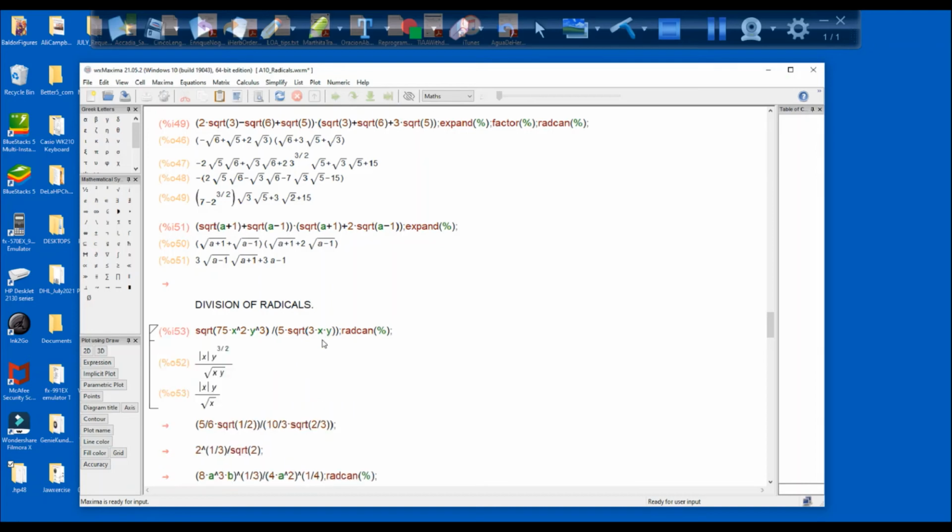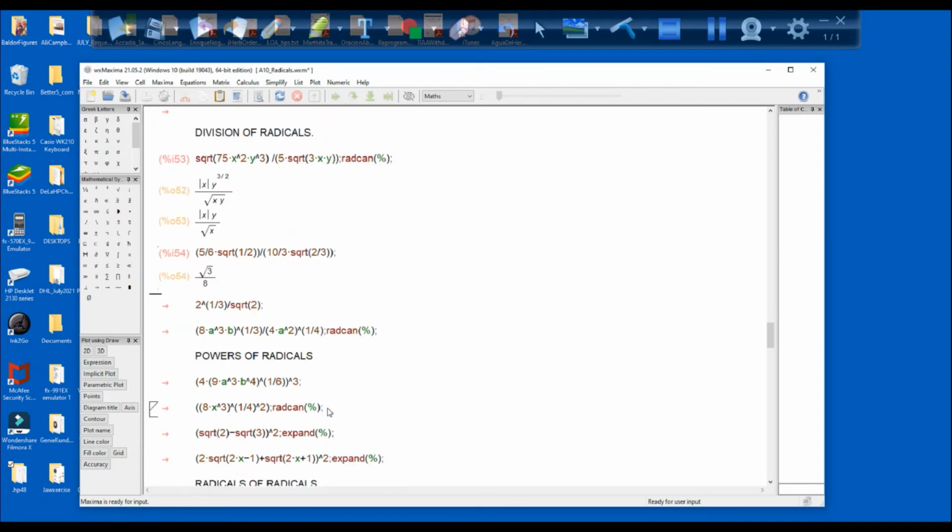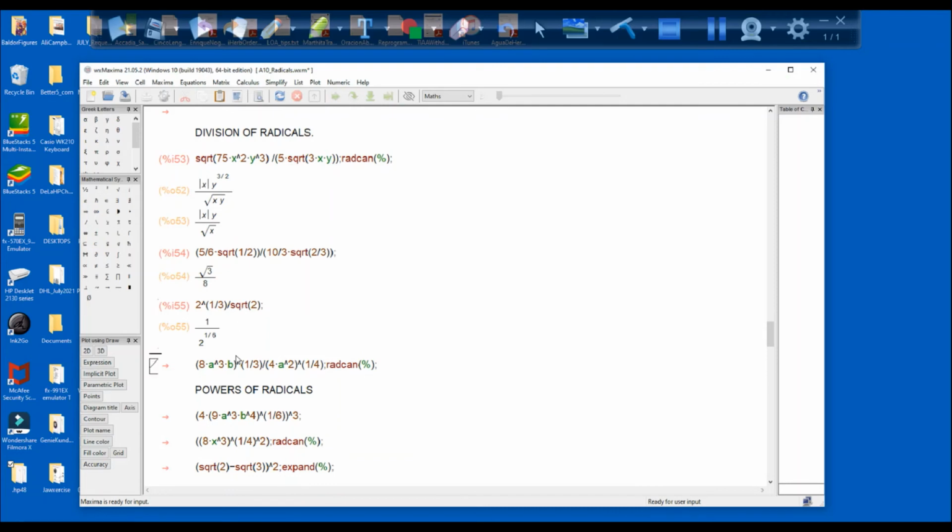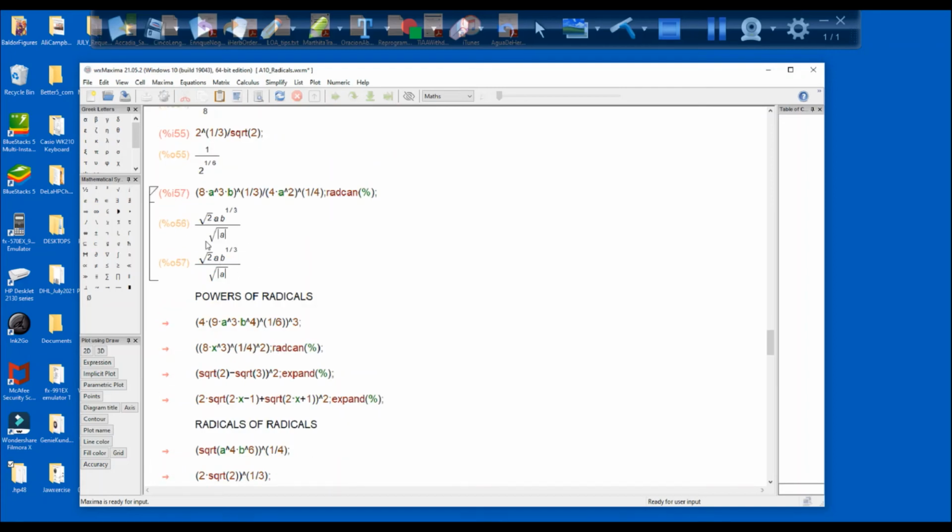Here are division of radicals. Radcan simplifies it a little bit. So if you want to try to simplify it, use radcan. You may end up with results like this, but radcan cannot do more.